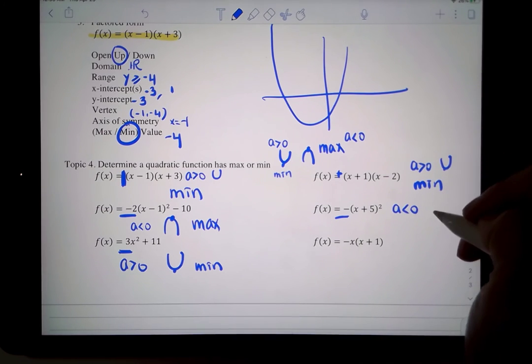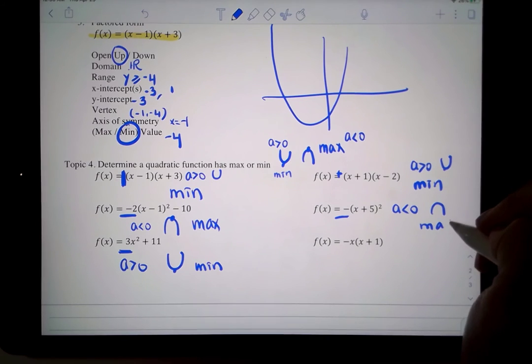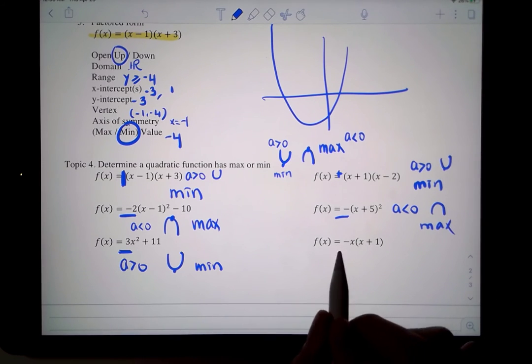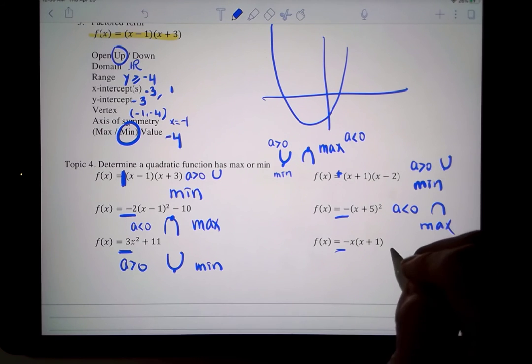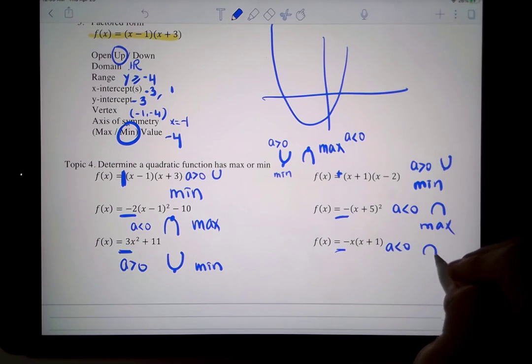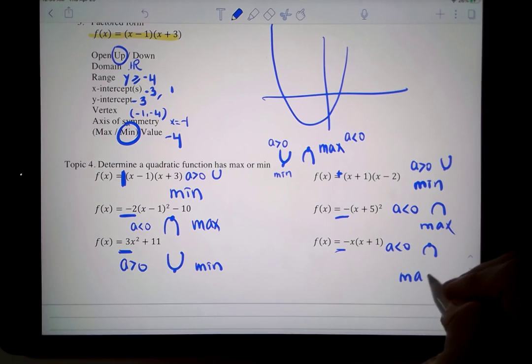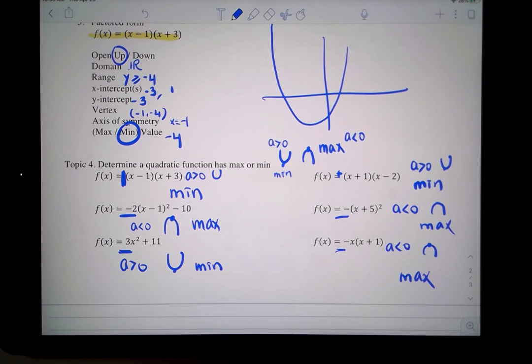A is negative, opens down. So it has a maximum. This one has a negative sign over here, so A is negative, opens down. You have a maximum. Alright? So this is the short review.